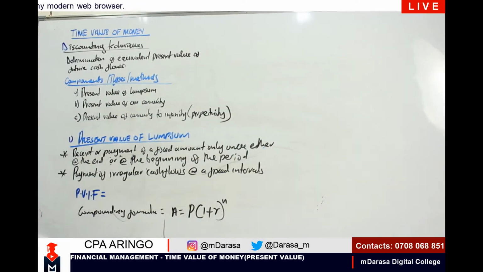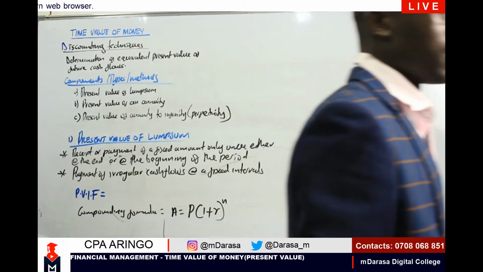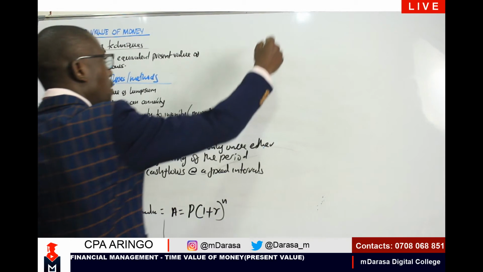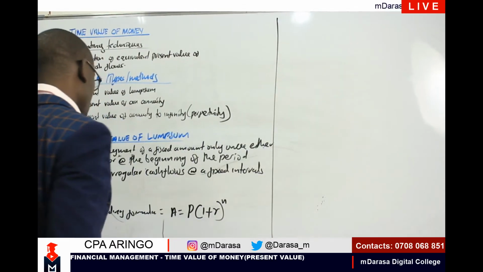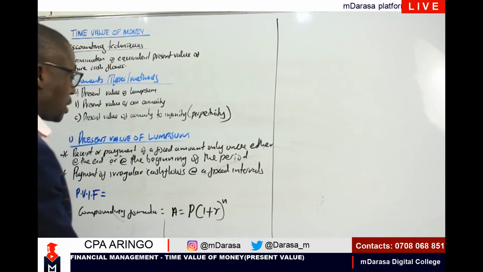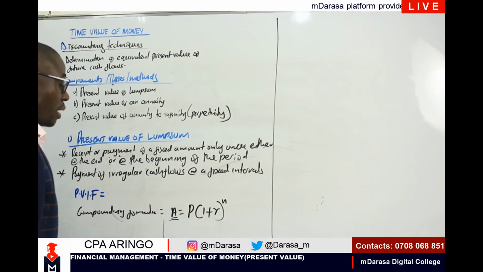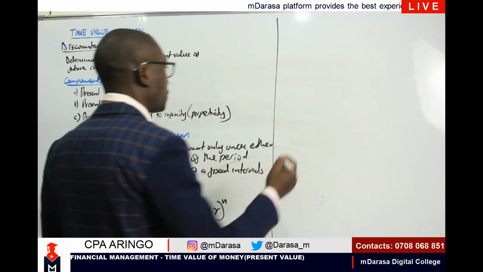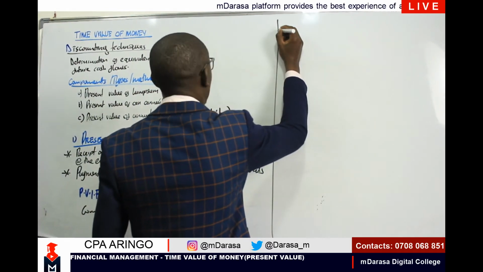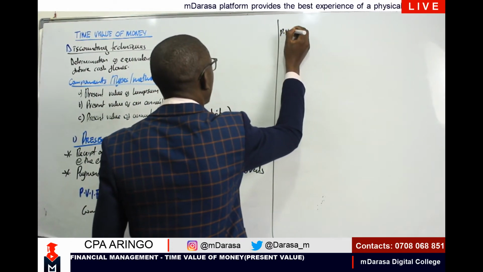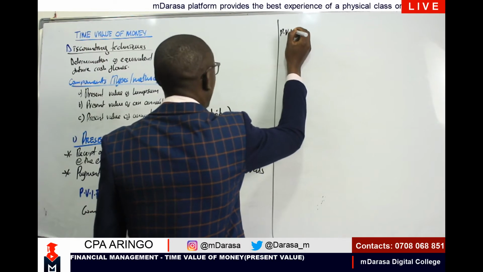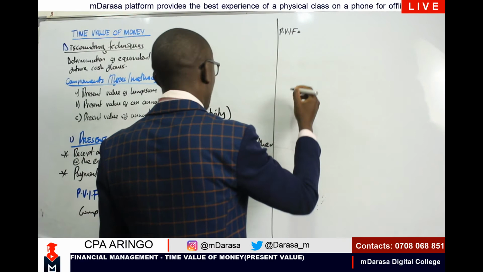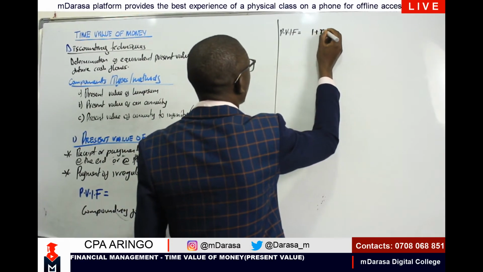This is the compounding formula, that is to determine our amount. In this case, to determine our present value interest factor, we will be talking of 1 plus r.